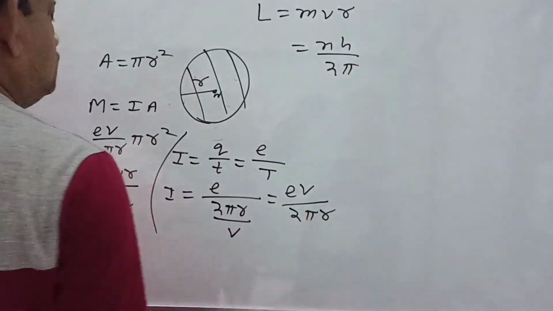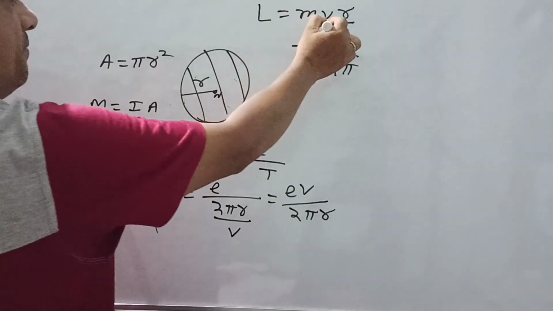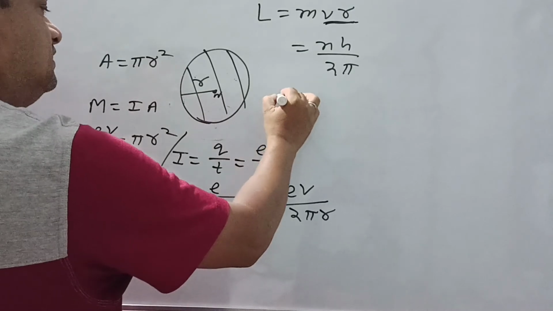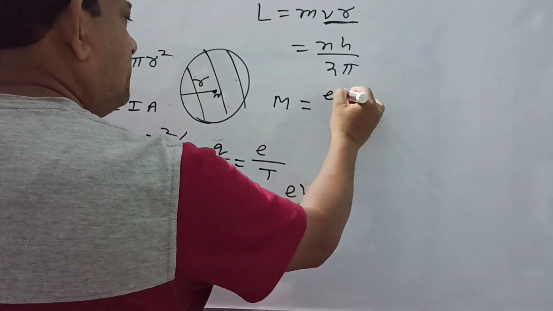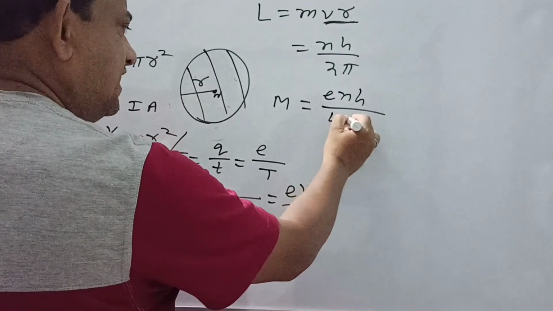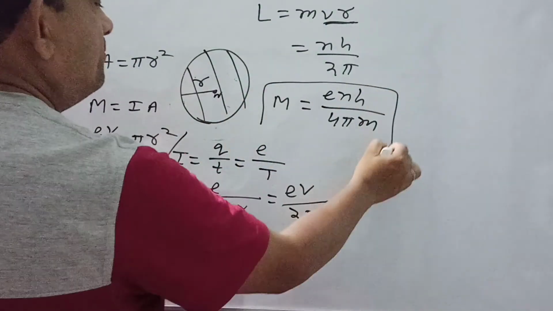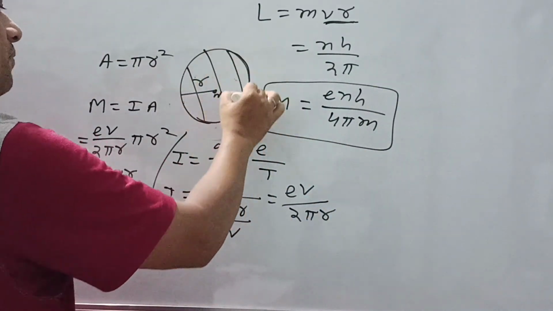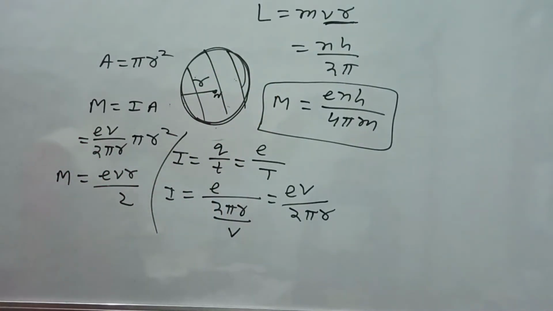So from this you take the value of vr and put here. What will you get? M is equal to enh by 4 pi m. You just check it. Your capital M is equal to enh by 4 pi m. So this is the magnetic dipole moment of a revolving electron.